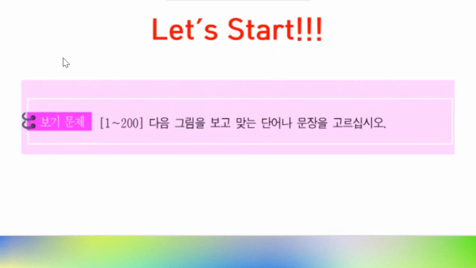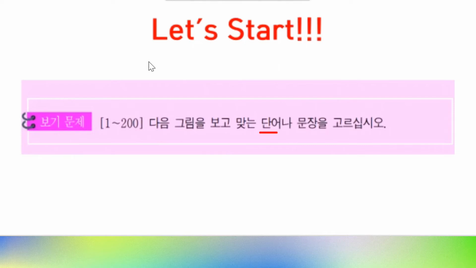From 1 to 200 yung ginawa nila. Okay, so nakalagay dito is 다음 그림을 보고 맞는 단어나 문장을 고르십시오. Okay, so 다음 means next. 그림 means picture. 보고 is from the word Buddha. Okay? And then 맞는 단어. 맞는, correct. 맞다, correct. Dano means word.